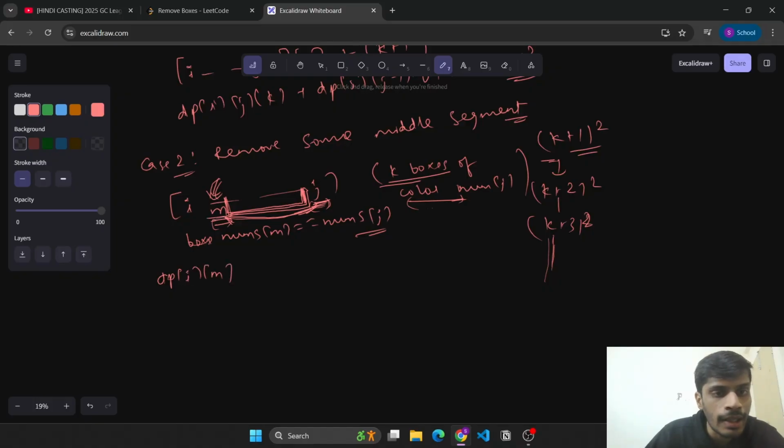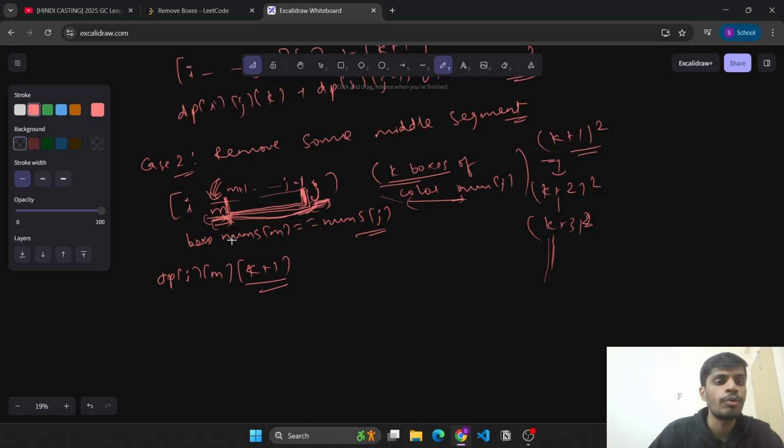Now the color is at m, and since we maintained the number of extra boxes on the right, it will be simply k plus 1, right? Because we removed the portion from m plus 1 till j minus 1.